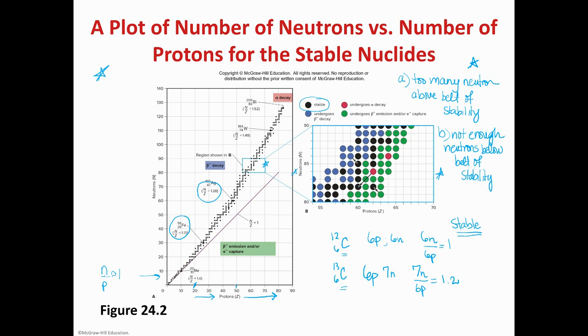Above the belt, though, where you have too many neutrons, it starts to undergo decay. If you notice, though, above the belt, they all tend to do the same kind of decay, which is beta decay. So beta decay is the preferred route for an isotope that has too many neutrons. Okay, so that's going to be here when you have too many neutrons.